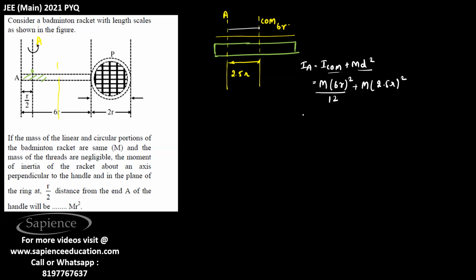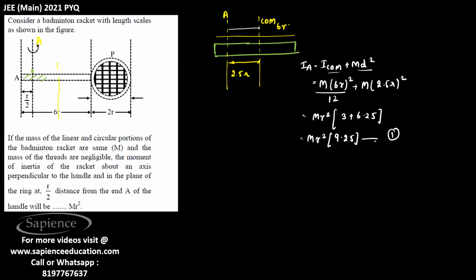So mr square is common. This will become 36 by 12, which is 3, plus 2.5 square, which is 6.25. This will become mr square into 9.25.